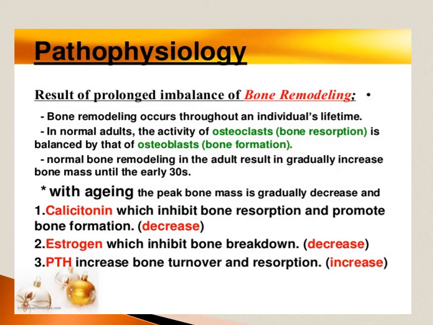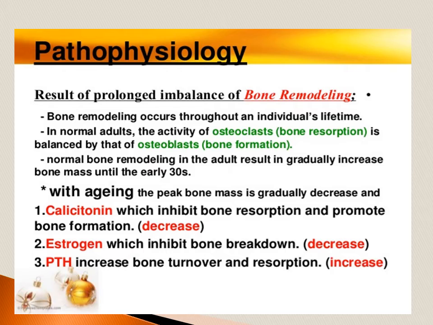Again, one thing is there: peak bone mass. Suppose you know peak temperature, peak viscosity, peak pH. Peak pH means the maximum pH at which the activity will be maximum. And here peak bone mass means maximum bone maturity.